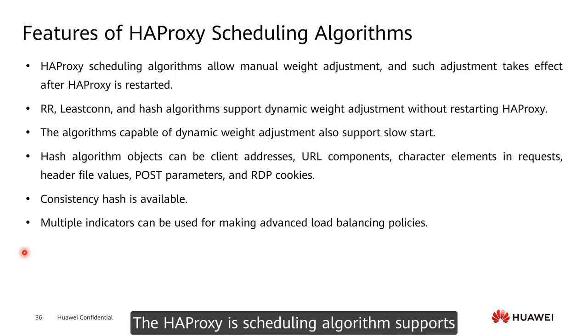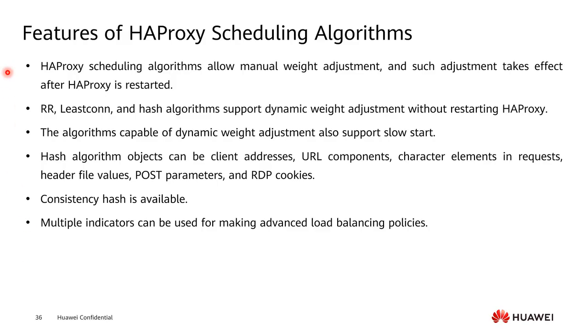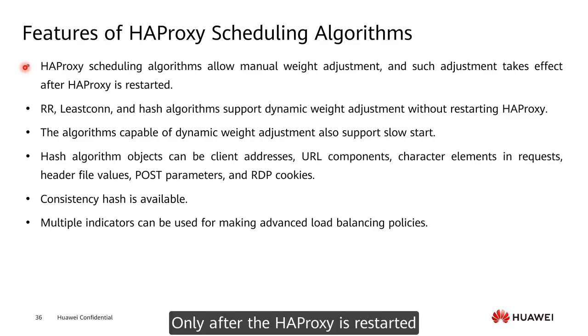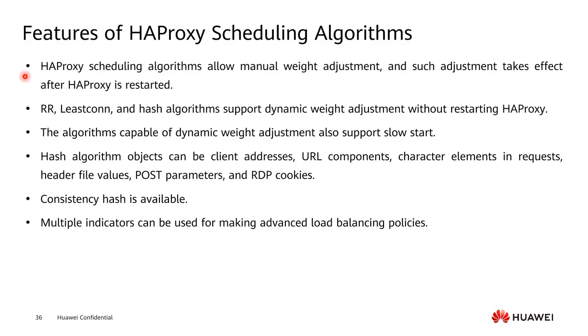The HAProxy scheduling algorithm supports static adjustment and dynamic adjustment. Static adjustment indicates that the weight adjustment takes effect only after HAProxy is restarted. Dynamic adjustment indicates that the weight adjustment takes effect without restarting HAProxy.